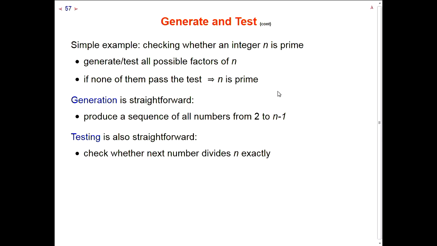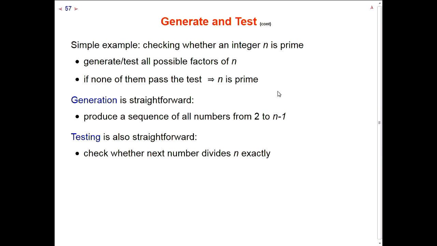And if none of these pass the test to be a factor of n, then we know n is a prime number. If you want to check that 27 is prime, you start with 2, which is not a factor, then you have 3, you see 3 is a factor, so 27 is not a prime number.